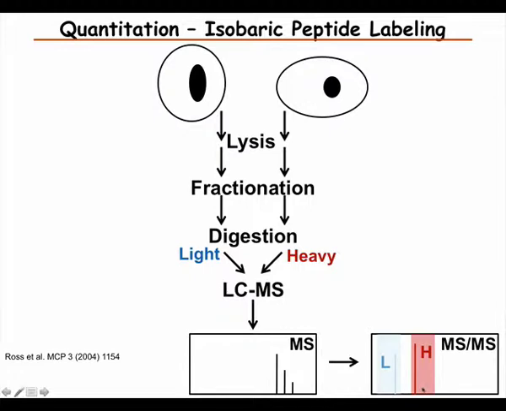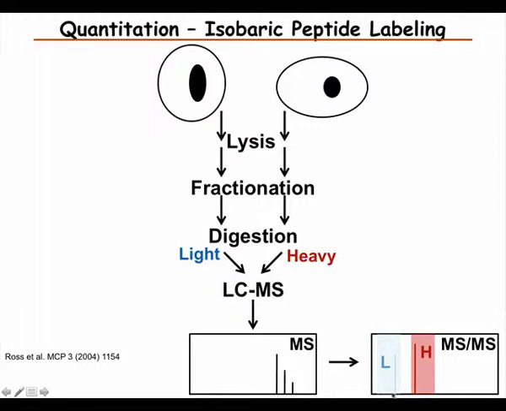So what we get is reporter ions, usually at low mass, that correspond to the different samples. And since they are low mass, there's usually very little interference, and they can be very close to each other.